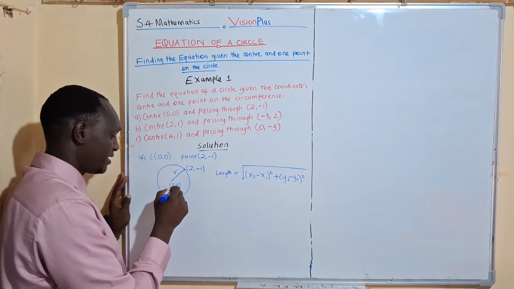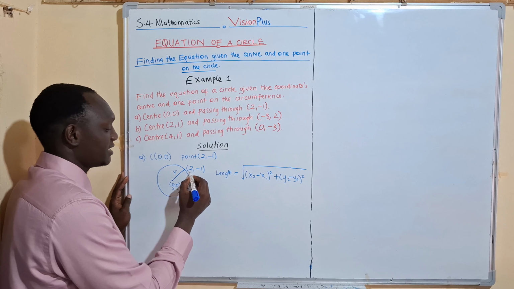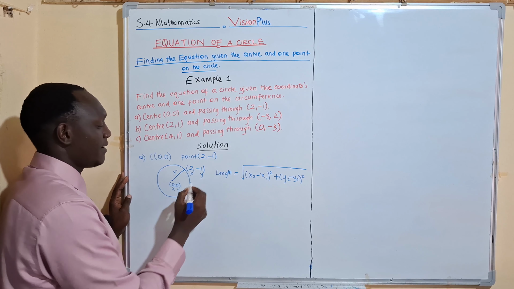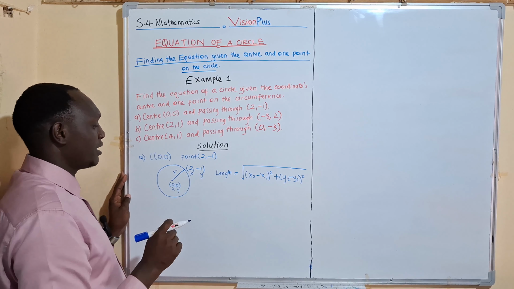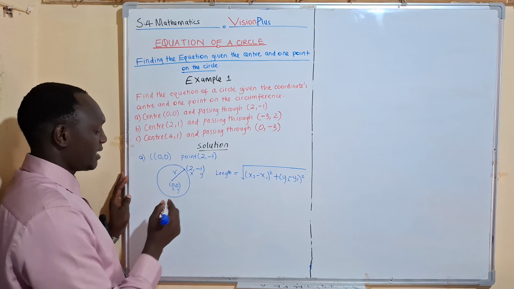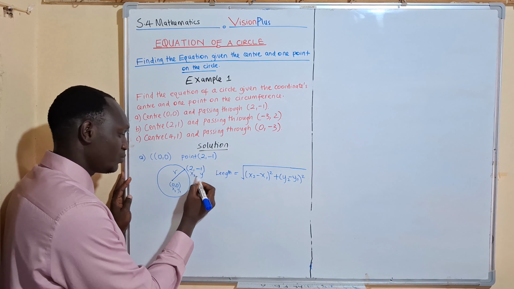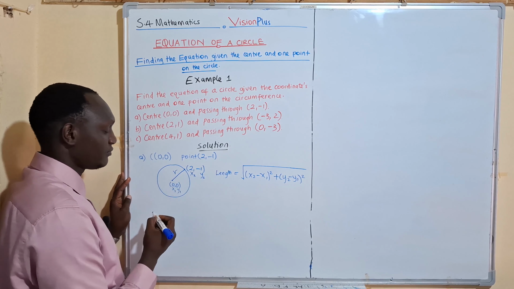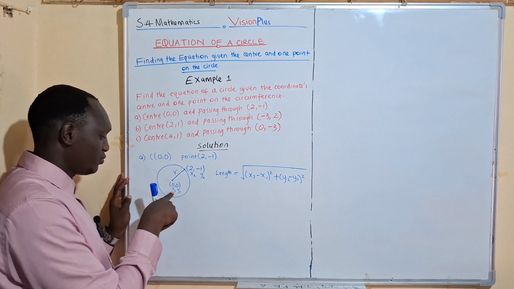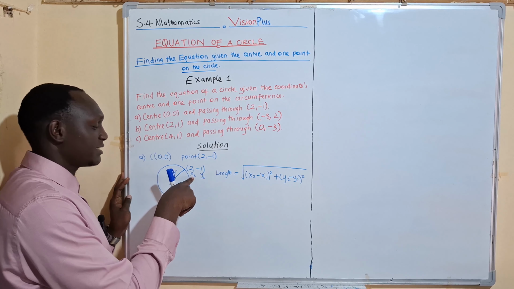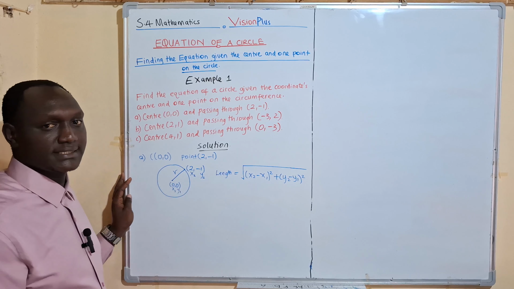At the center, this is x, this is y. On the circumference, this is x, this is y. But to differentiate between them, you can choose to say, this is my x1, this is my y1, this is my x2, this is my y2. Or even you could say, this is my x2, this is my y2, then this is my x1, this is my y1, and you get the same answer.